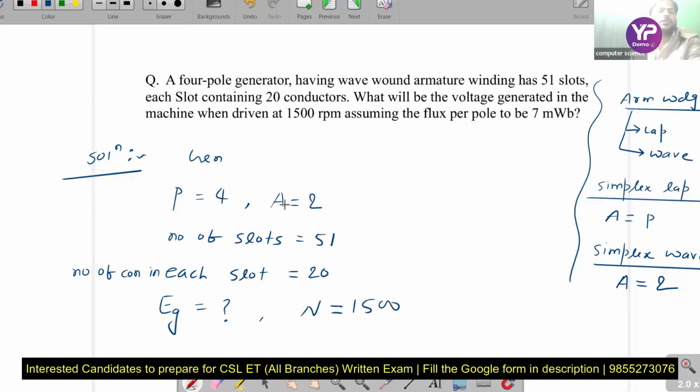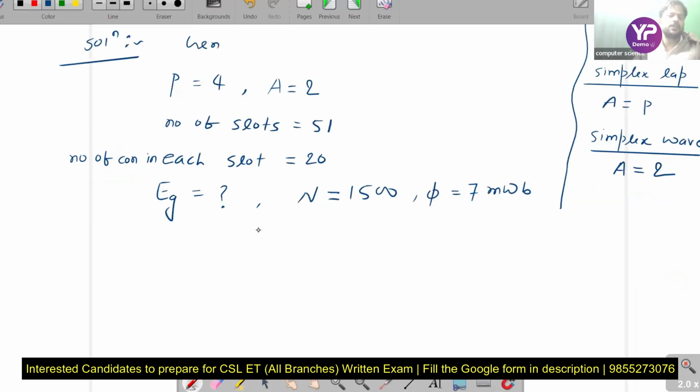In this case, what is the generated EMF, assuming the flux per pole is phi equal to 7 milliweber? Now we need to find the generated EMF. One method is using the KVL equation of the DC machine electric circuit.